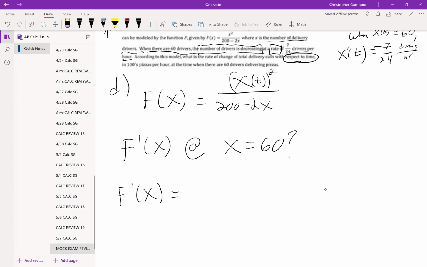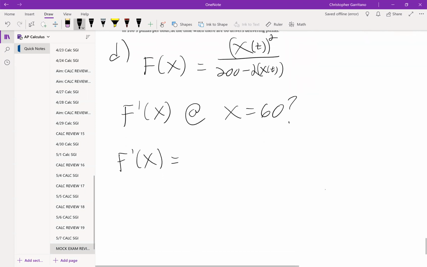So I'm going to need to use the chain rule whenever there's a composition. x of t squared, for example, is a composition. There's going to be a chain rule, but first and foremost, there's the quotient rule.